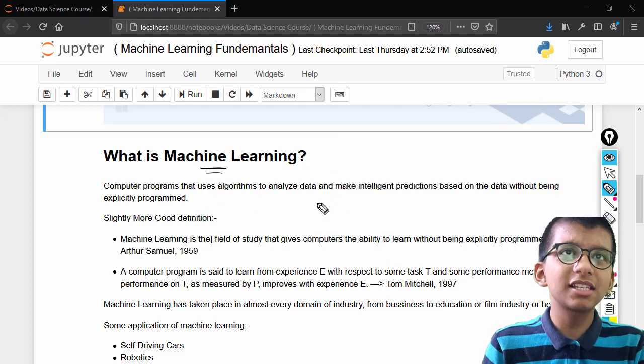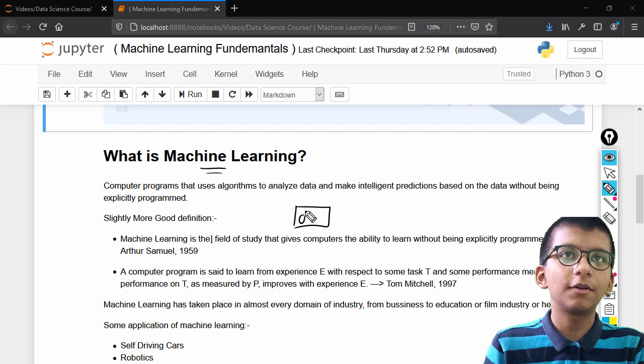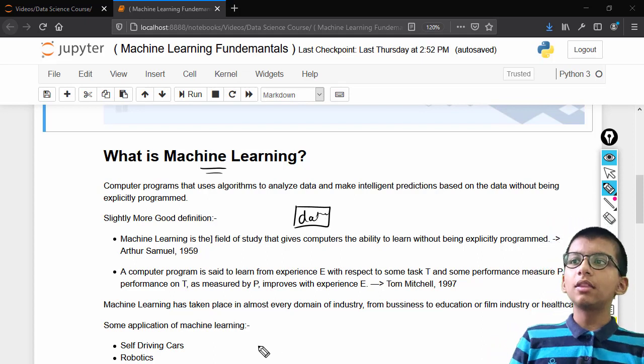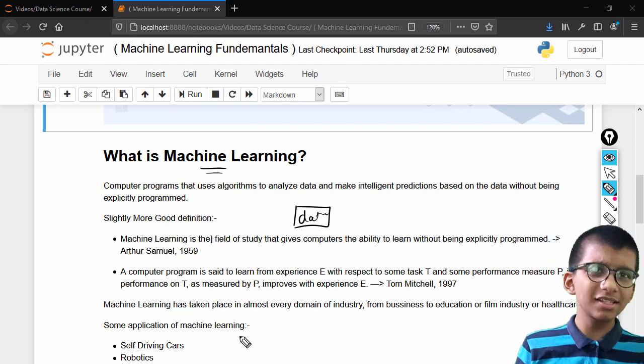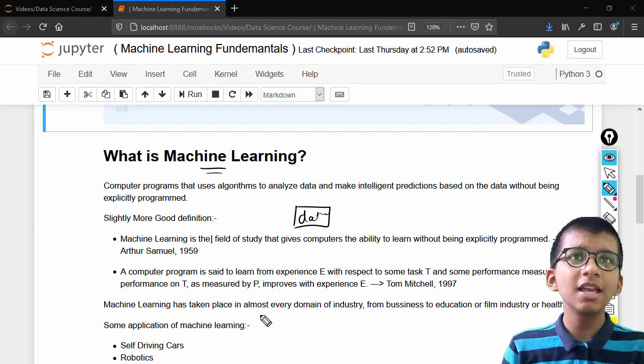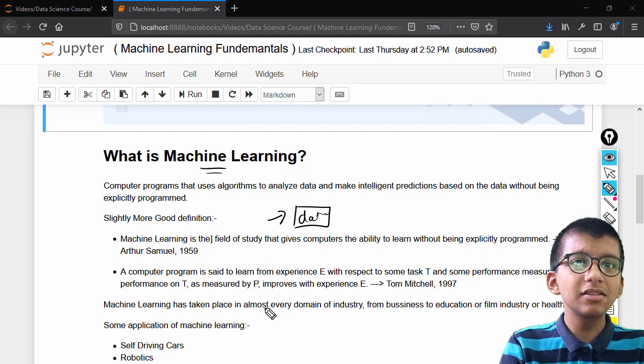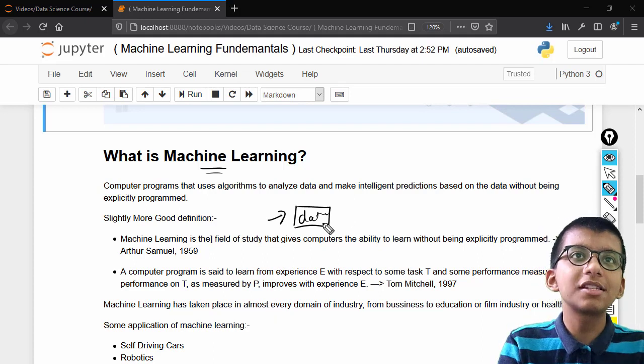Okay, so let's say this is my previous data. Let's say the stocks data, or house price prediction, where we are given the prices of houses based on the size of the house.